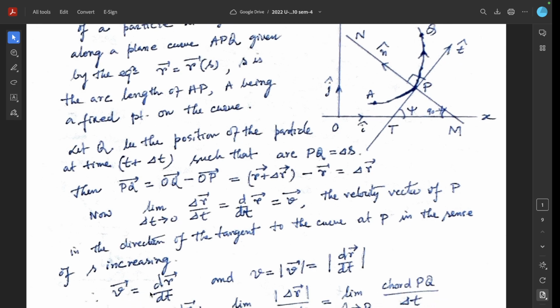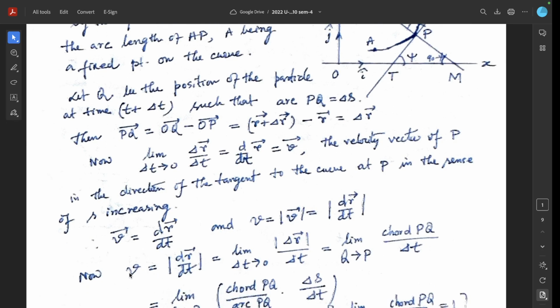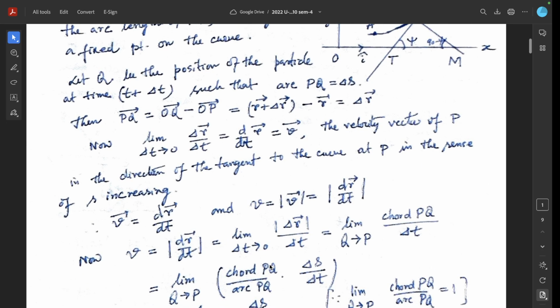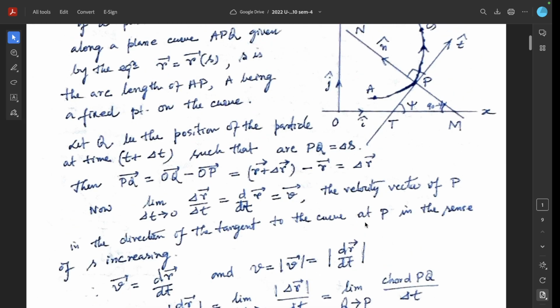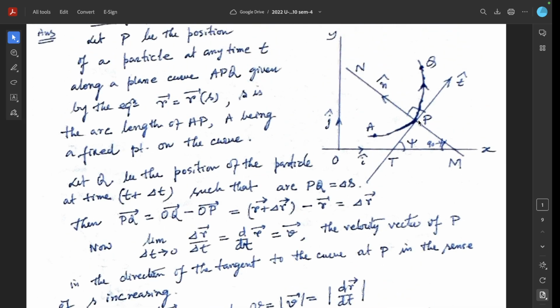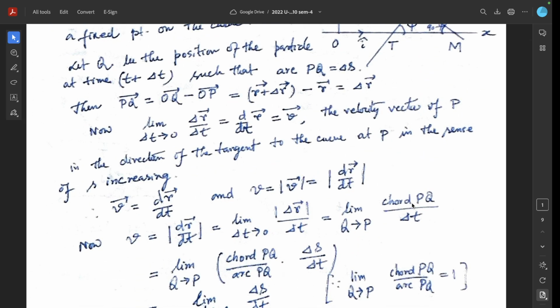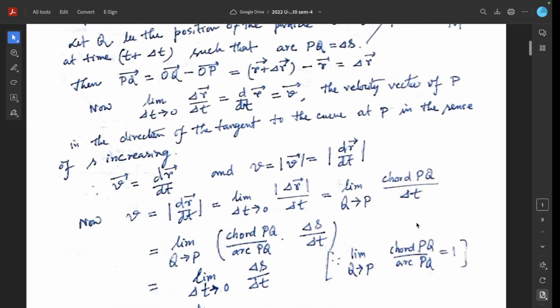So v vector equal to d/dt of r vector, and the magnitude of v equal to modulus of d/dt of r vector. So v equal to limit delta t tends to 0, modulus of delta r vector by delta t, this equal to limit Q tends to P, chord PQ by delta t.